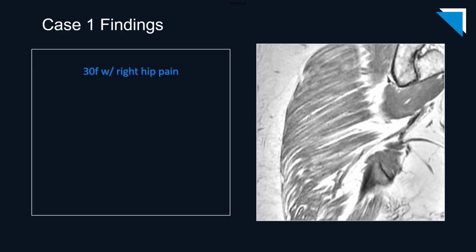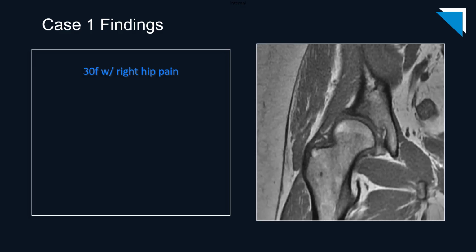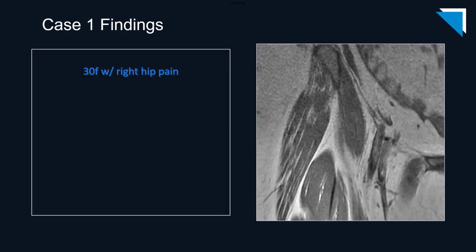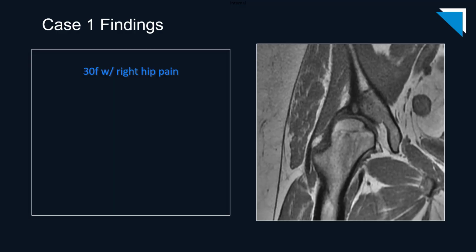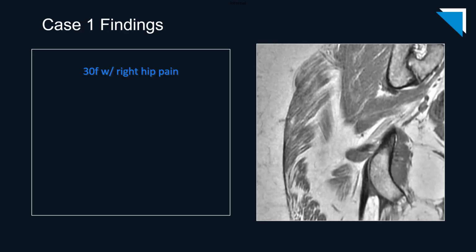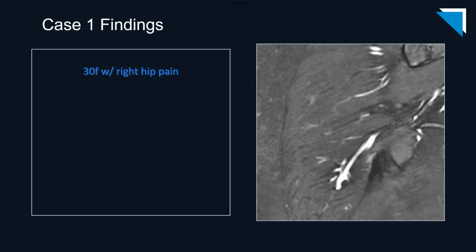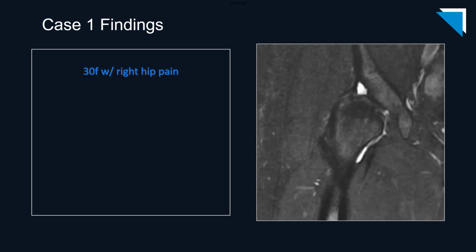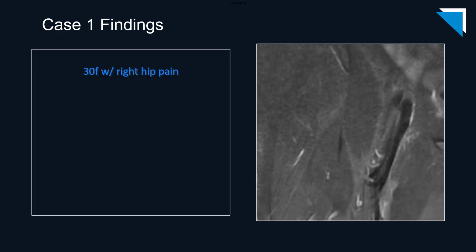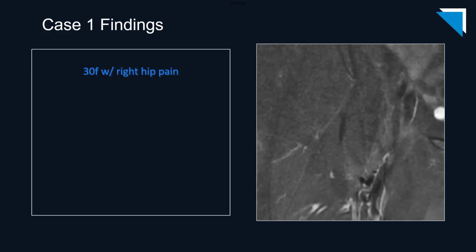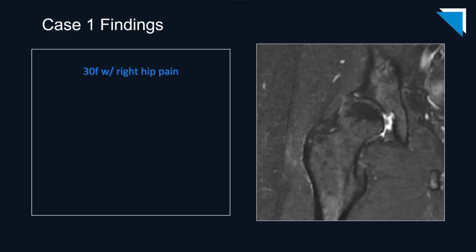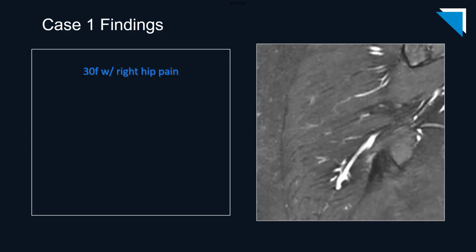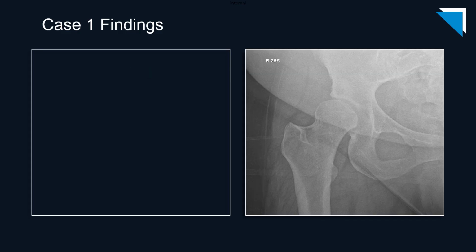Here are the coronal T1 weighted images from a subsequent MRI of the right hip, along with the corresponding coronal fluid-sensitive images. Okay, back to the AP view of the right hip to review our findings.